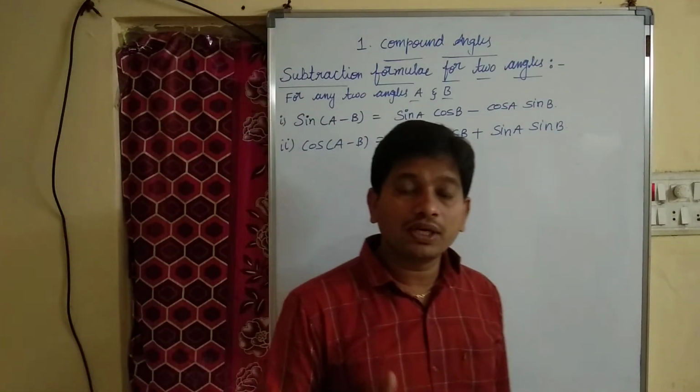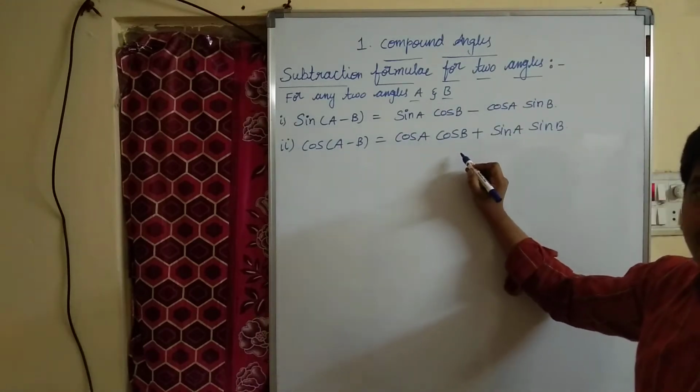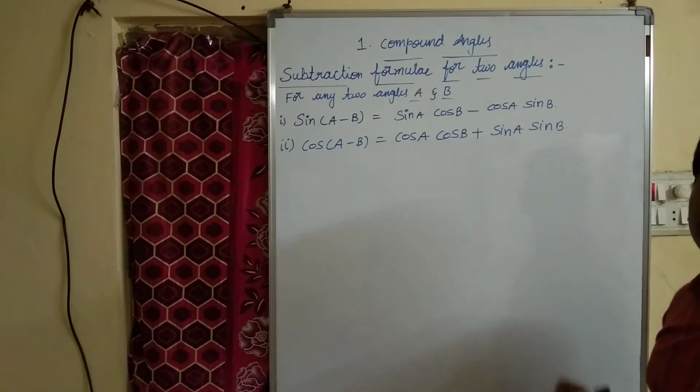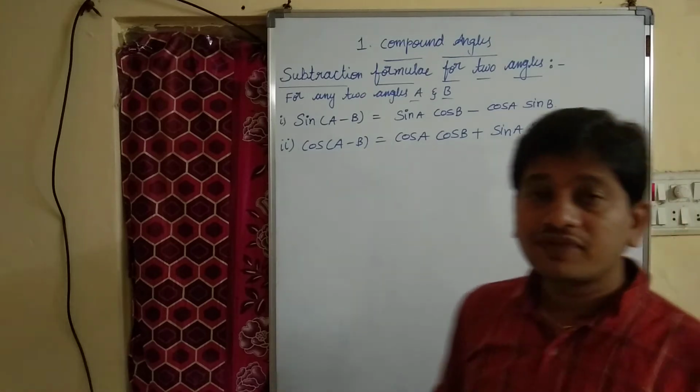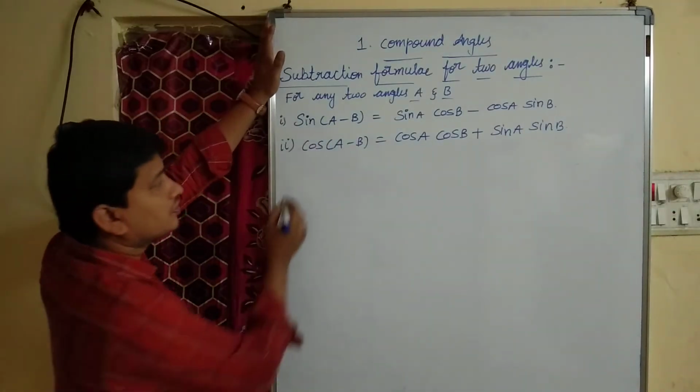Cos(A minus B) is equal to cos A cos B plus sin A sin B, right? So let us find the value of cos 15 degrees by using this formula.